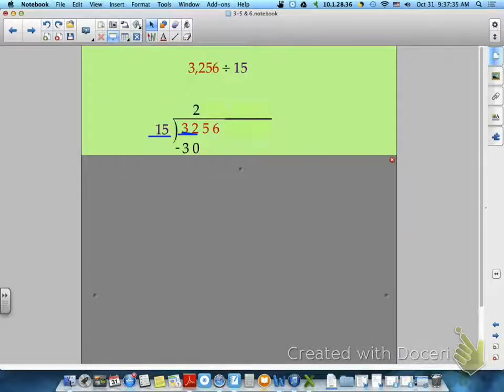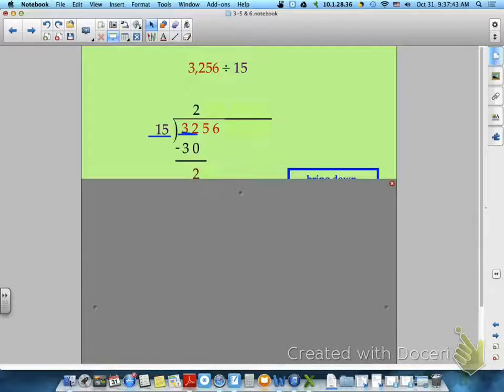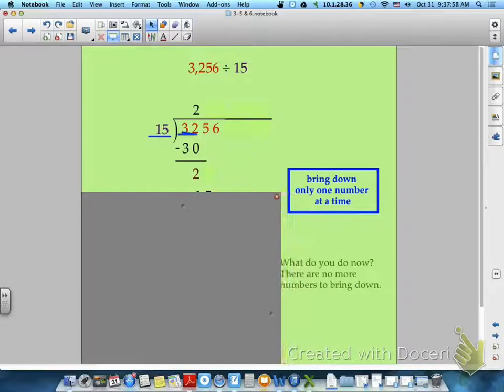Now I subtract, you need to know the difference. You subtract 30 from 32, and you get 2. All right. Are we done? No. You have 2 more digits to bring down, correct? Can I bring down both the digits? No. One of the rules that you need to remember is you can only bring down one number at a time.